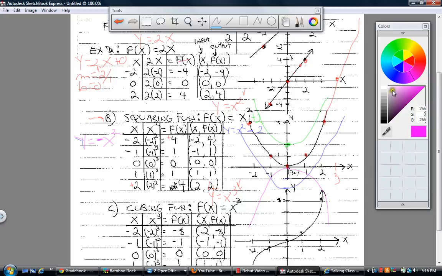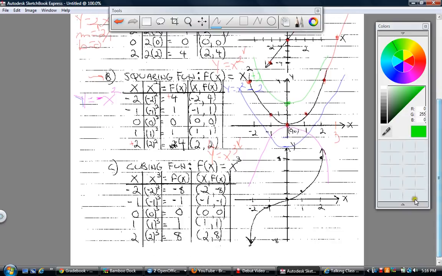Let's go back to red and look at example C here real quick. Y equals x cubed. Take the time to put these values in. A negative times a negative times a negative turns out to be a negative 8. So it's negative 2, comma negative 8, which would be about right here.